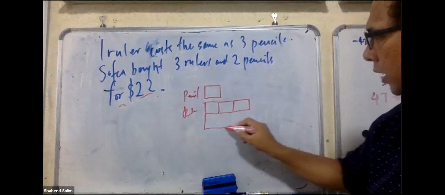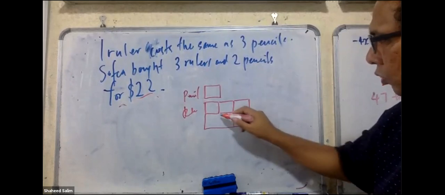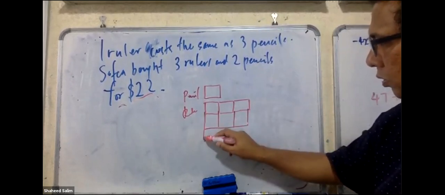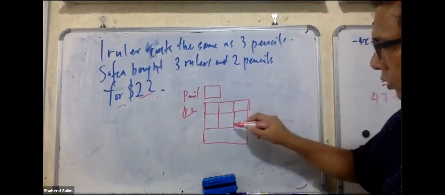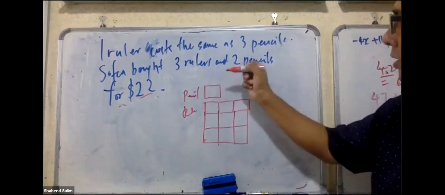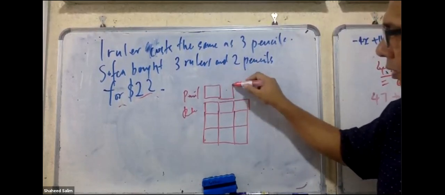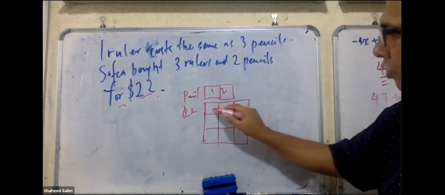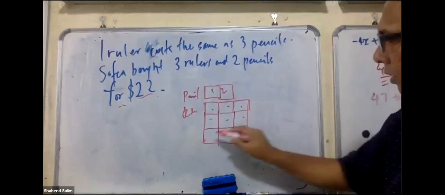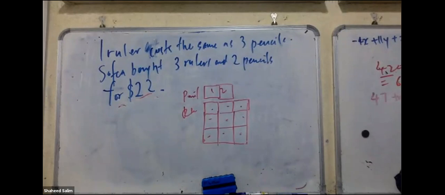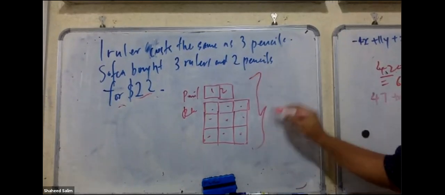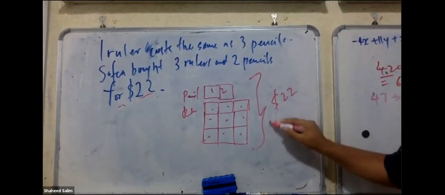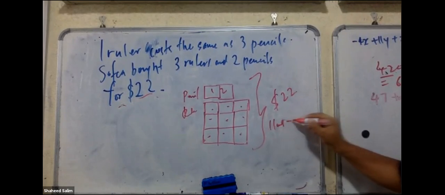And there are 2 pencils, so I draw 1 more down here. So altogether 1, 2, 3, 4, 5, 6, 7, 8, 9, 10, 11. 11 units is equal to $22.